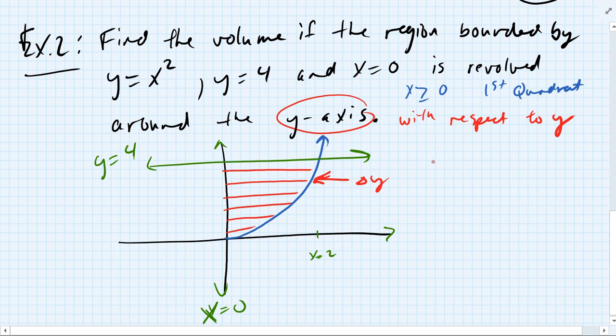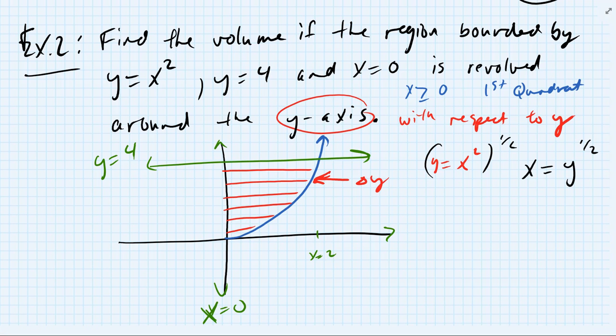We have that y equals x squared. How do I solve for x and get it in terms of y? I have to take the square root, so I take it to the half power. Does this mean that x is equal to y to the 1/2 power? Yes, right?